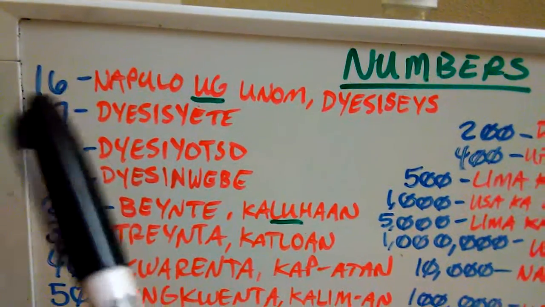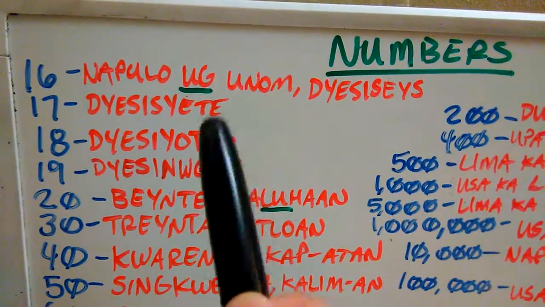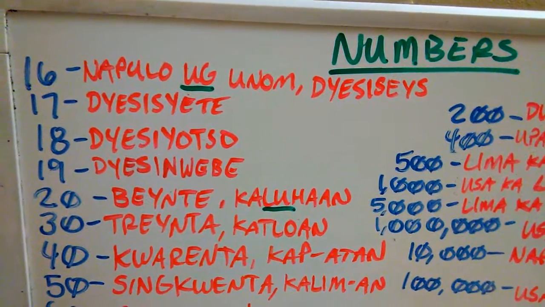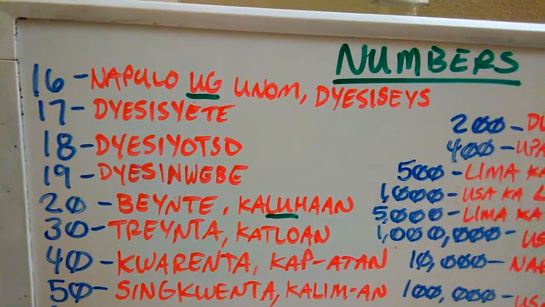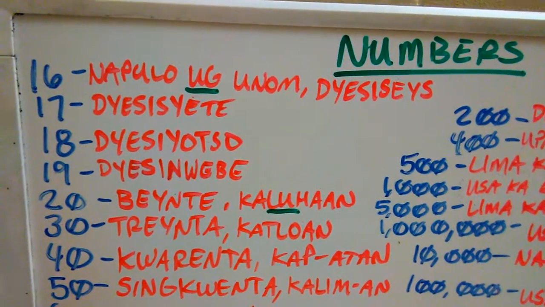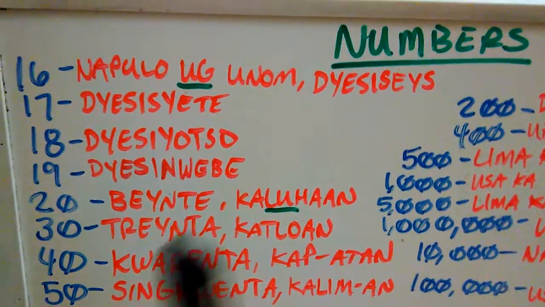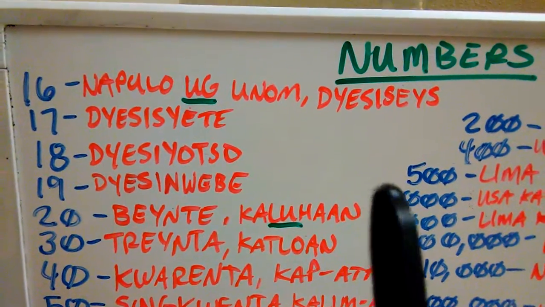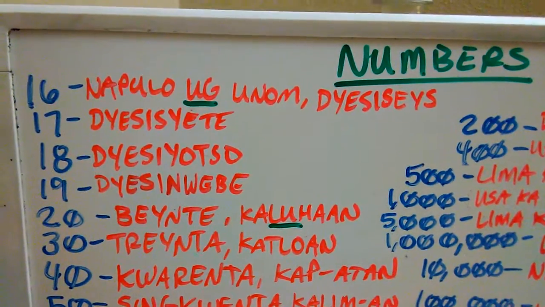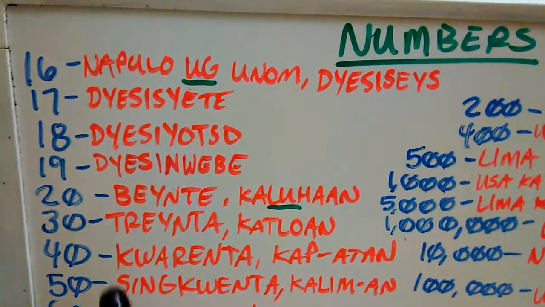16 in the indigenous set is Napulo ug unom. I underlined ug because you need that conjunction, meaning and. Napulo ug unom, you already know what it means. The Hispanic set is 16. 17 follows the same pattern.